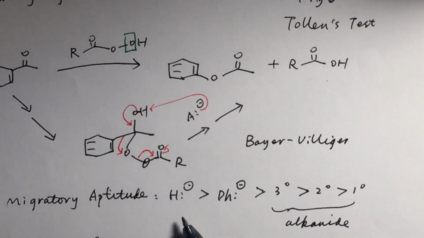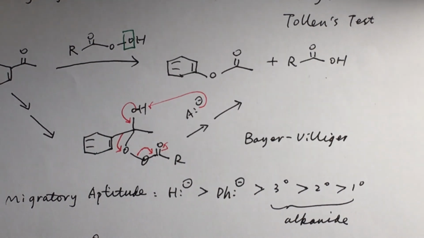Therefore, if hydride migrates, you would eventually generate the corresponding carboxylic acid, but if an alkyl or phenyl or other carbon-containing group migrates, you would generate the corresponding ester.